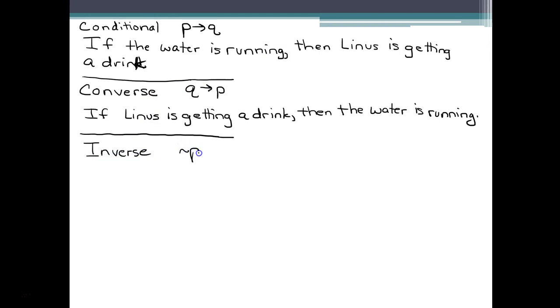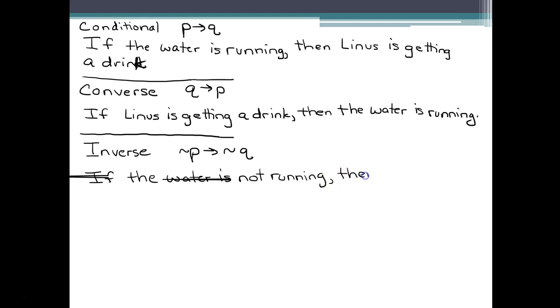All right, inverse. Original order, but negated. Okay, if the water is not running, then Linus is not getting a drink.